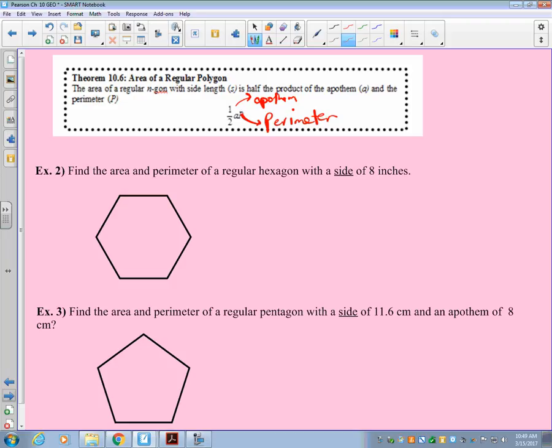Finding the perimeter is like finding the base of every triangle, because it's all those triangles added together.